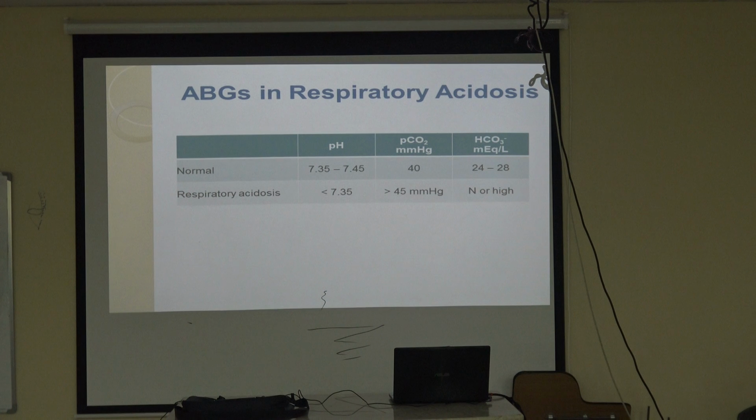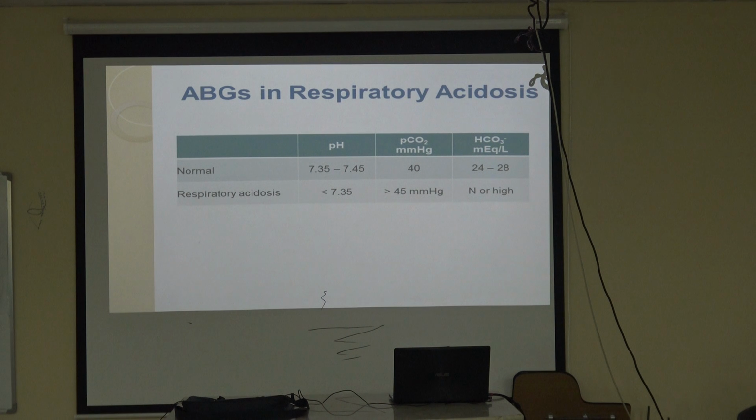To neutralize this carbon dioxide, the kidney will try to conserve the bicarbonate. The kidney will not excrete the bicarbonate as normal. It will try to get more and more bicarbonate reabsorbed. As a result, the bicarbonate in the blood will increase, and this increase in the bicarbonate will try to normalize the pH. So if you find the pH normal, this is full compensation.